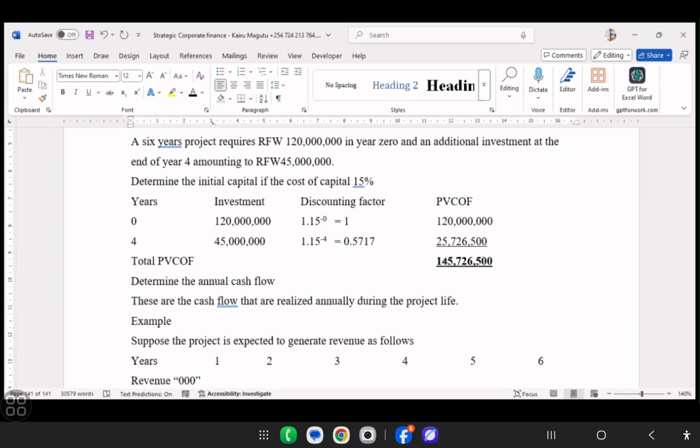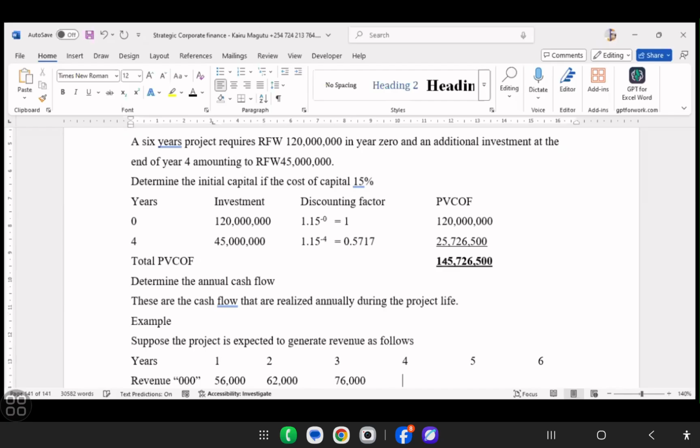We are talking of 120 million. So the first year is 56 million. The second year is 62 million. The third year is 76 million.